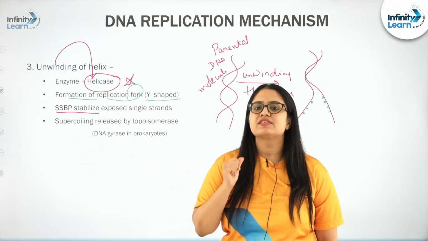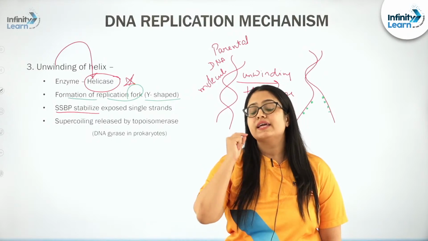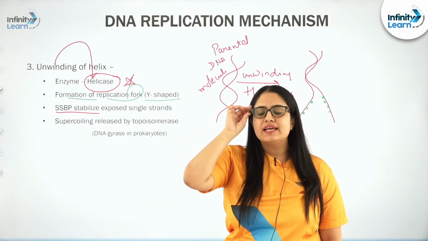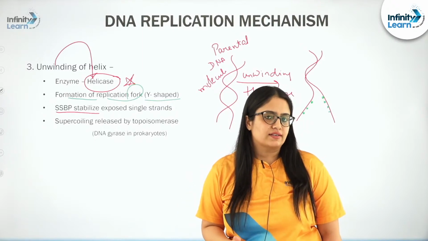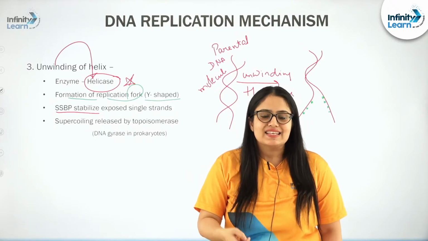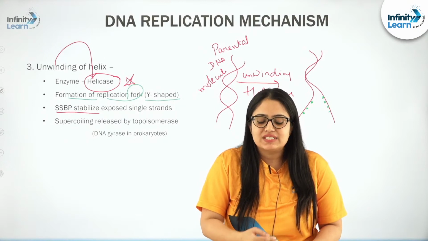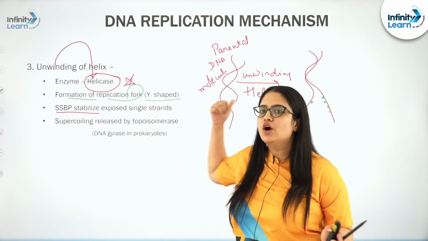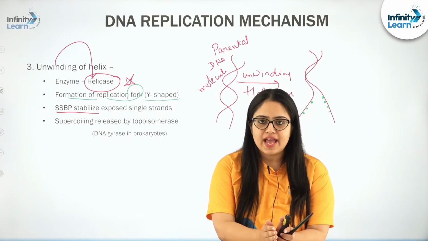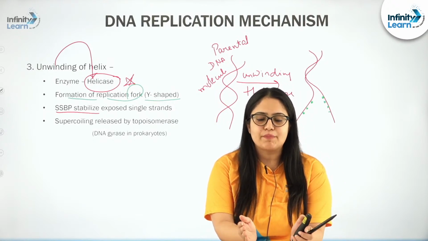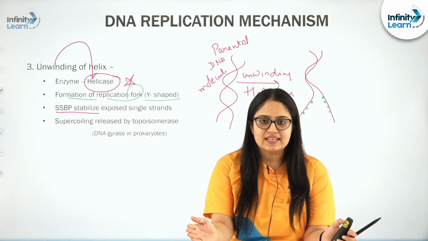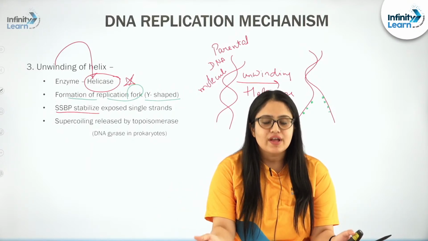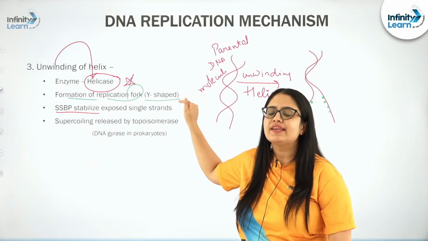I repeat myself, students. Listen carefully, when does this replication fork form? As soon as helicase starts showing its activity by separating the two strands of the DNA molecule, because of the helicase activity there is separation of the two strands, and as a result the separation of the two strands makes a replication fork which looks like Y in shape.